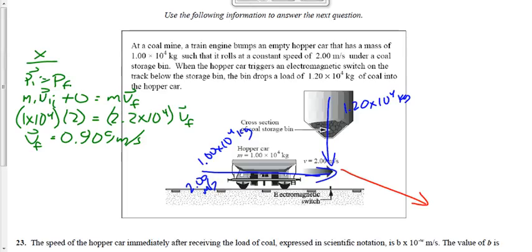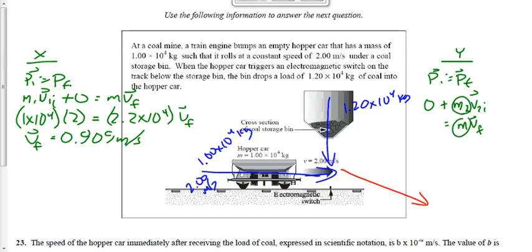There is a Y component here, but watch what happens. If we say PI equals PF for the Y component, we would say 0, because the first one doesn't have a Y component, right? Just an X, plus M2 V2I equals MVF. Same thing, right? But what's M right here? Mass of the coal.